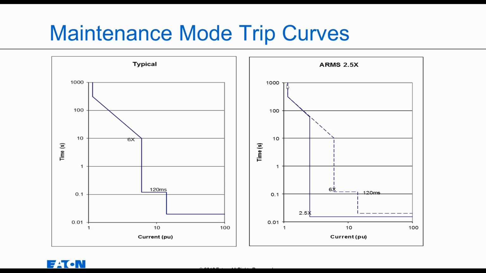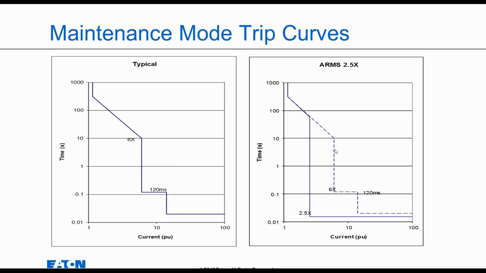So the long delay pickup and part up to the 2.5x of the long delay protection is still there. It's not until the 2.5x that the maintenance mode picks up and trips. And so it will trip before the rest of this protection is engaged.